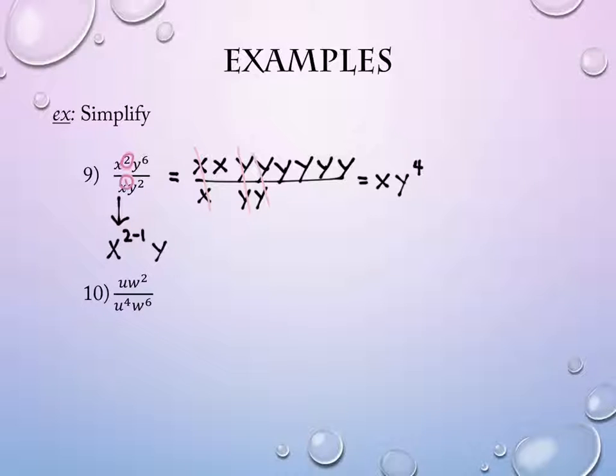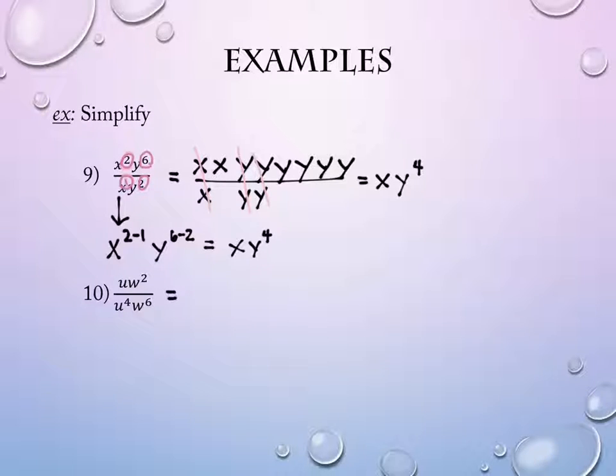And then looking at the y's, I could do y to the 6 minus 2. 2 minus 1 is 1. 6 minus 2 is 4. It's another perspective on how to do that. Okay? So a couple of different options. I don't care which one you do. Both of them are totally valid.